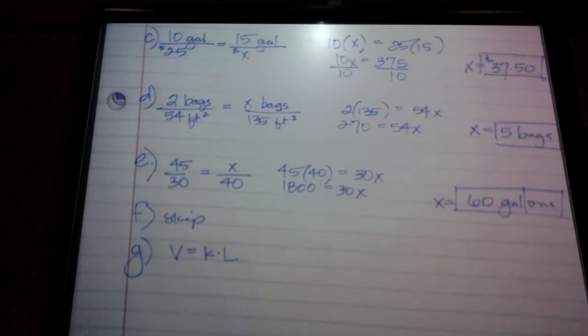They said write the equation that represents the relationship between volume and length and use it to predict the volume of pipe at a length of 100 feet. So I'm going to use what we know in example 4.